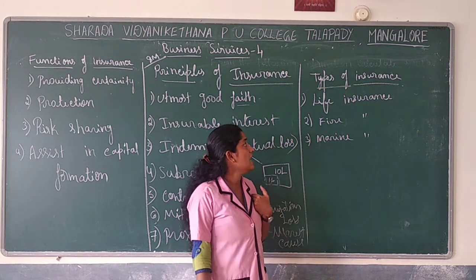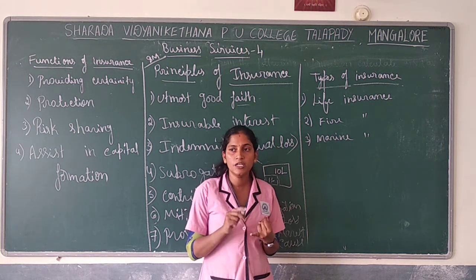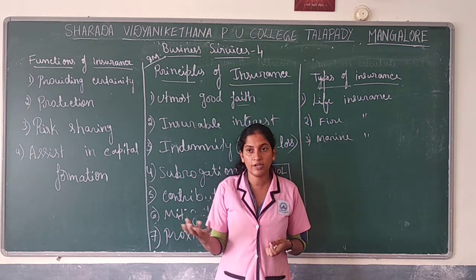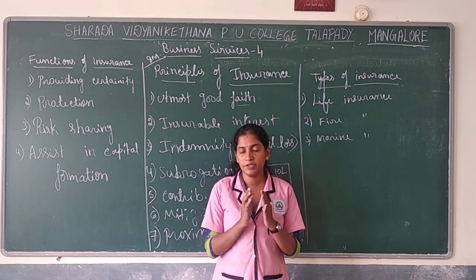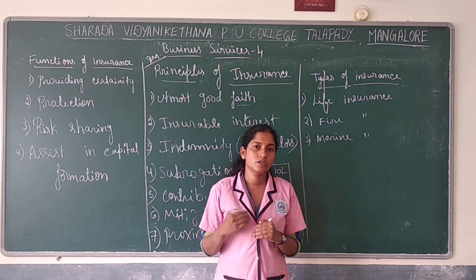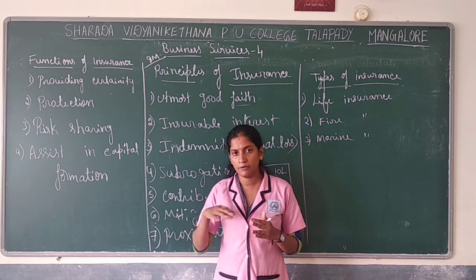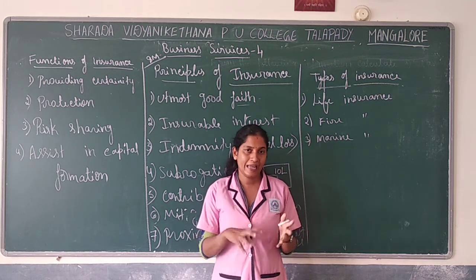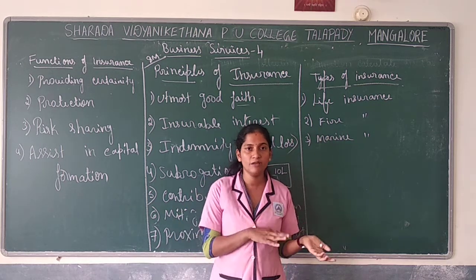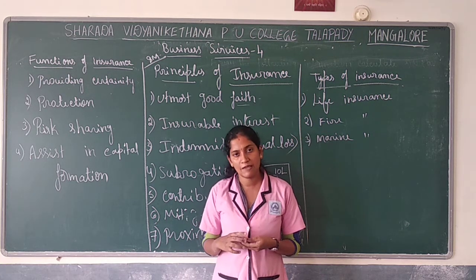It is also a kind of savings, taken for a long period of time because in future, if there is only one individual earning at home and he dies, there will not be anyone to look after his family. So he takes a life insurance so that it can cover the financial losses after him. If he is not there, their financial losses can be covered from the life insurance.